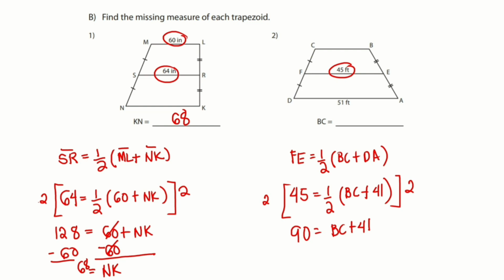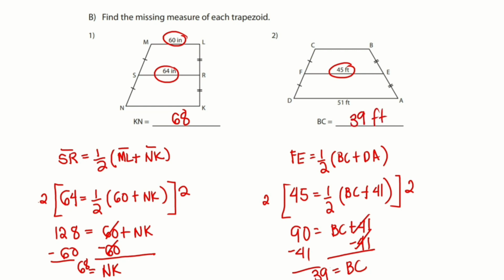Next, we need to subtract 41 from both sides of the equation. So, negative 41. This produces 0 pair. Then, 90 minus 41, that is 39. So, 39 is equal to BC. Okay, so our answer here, BC is equal to 39 feet.